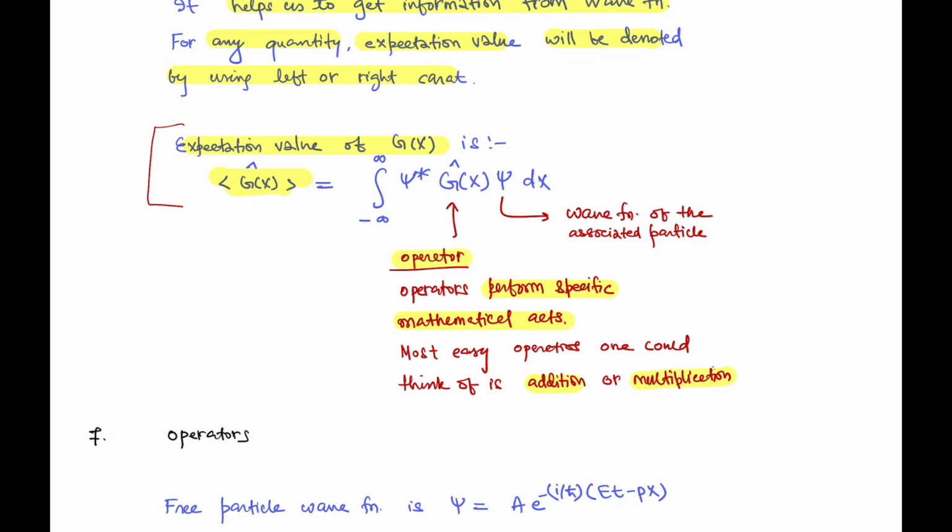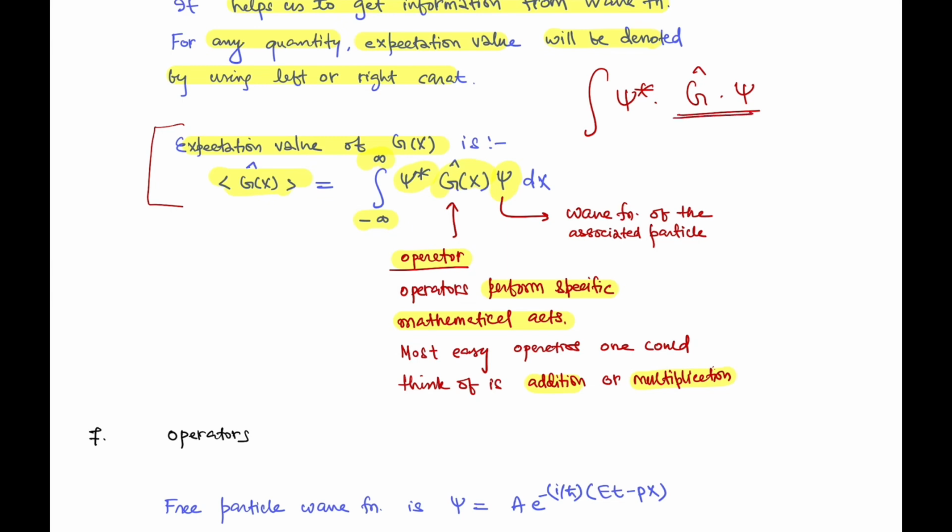So what you do is integrate from minus infinity to plus infinity the complex conjugate, then the normal wave function, and in between them there should be the operator. This is the complex conjugate, after this there is the operator, and this is the normal wave function.